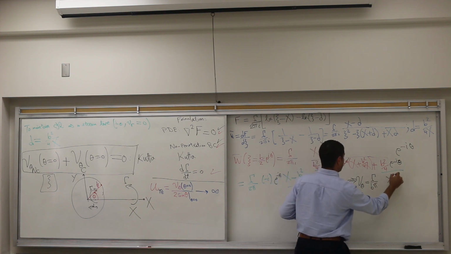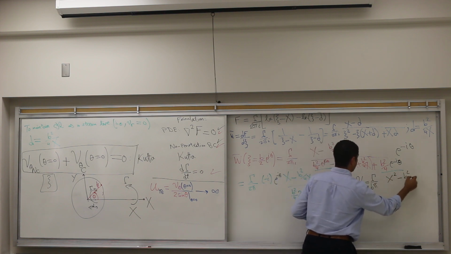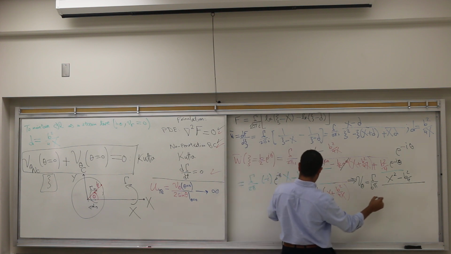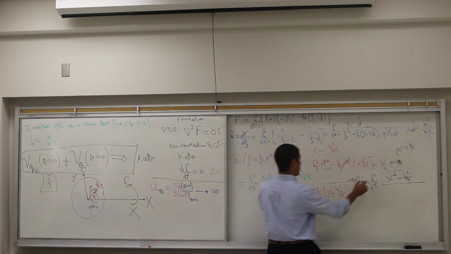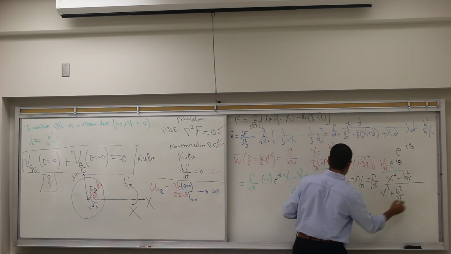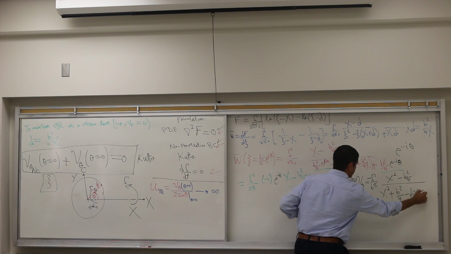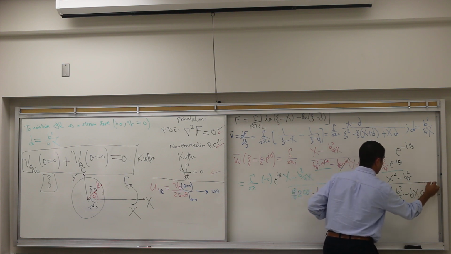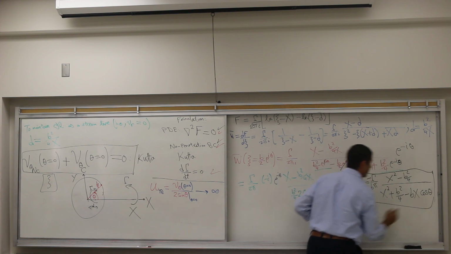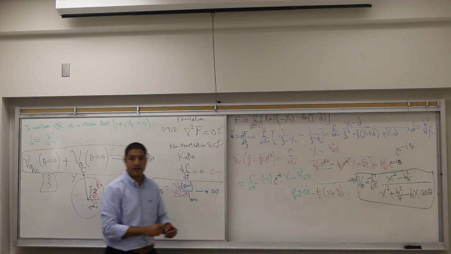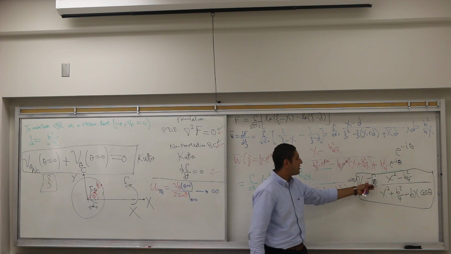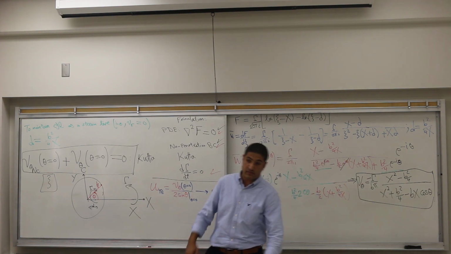So overall, here x squared minus b squared over 4, down here is x squared plus b squared over 4 minus bx cosine theta. So we're done. It was not that hard. We got the tangential velocity at any theta, due to a vortex gamma located at x and its image.